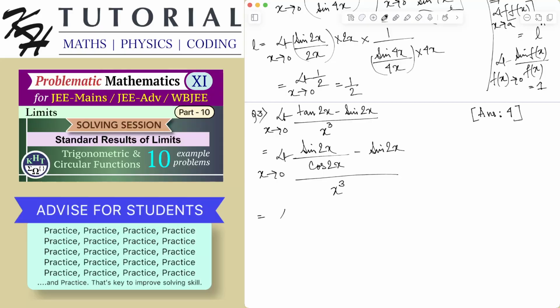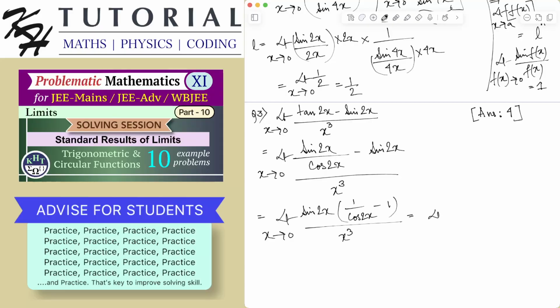So this is equal to limit x tending to 0. I can factor out sin 2x from the numerator. So this will be sin 2x times 1 over cos 2x minus 1, divided by x cube.